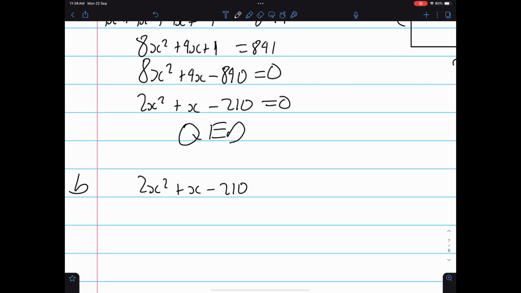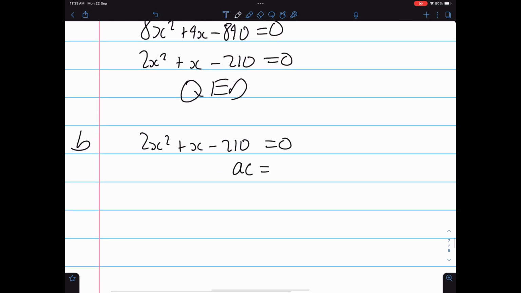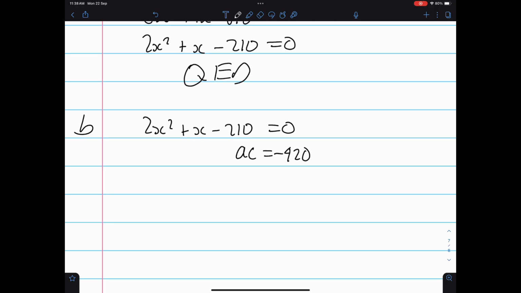2x squared plus x minus 210 is equal to 0. AC is equal to minus 420. And because obviously it may be faster to do the quadratic formula, but in this case I still think it's okay to factorise, because look at this, it says it's just plus x. So that means the two numbers that we want are only one apart.